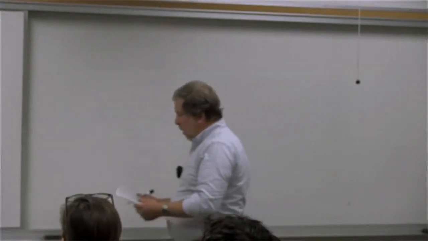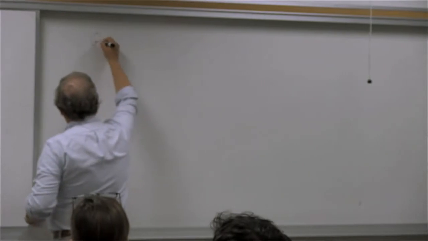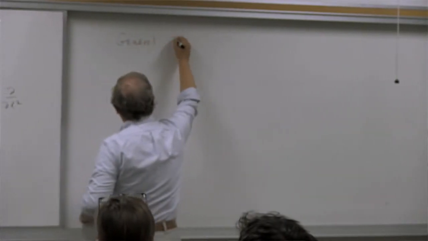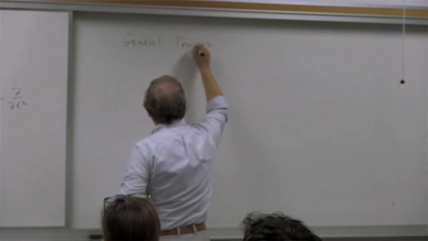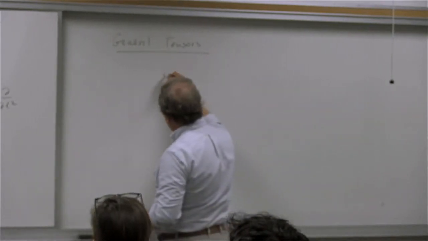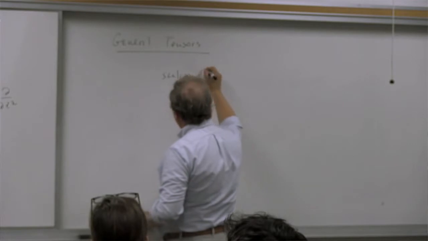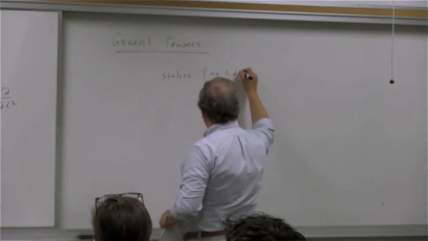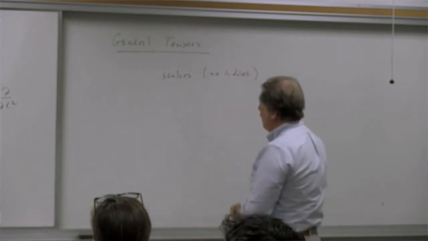So now we have more general tensors. So far we had scalars, which are objects that have no indices.